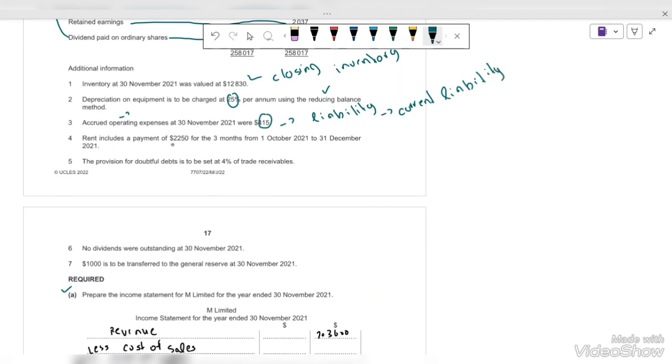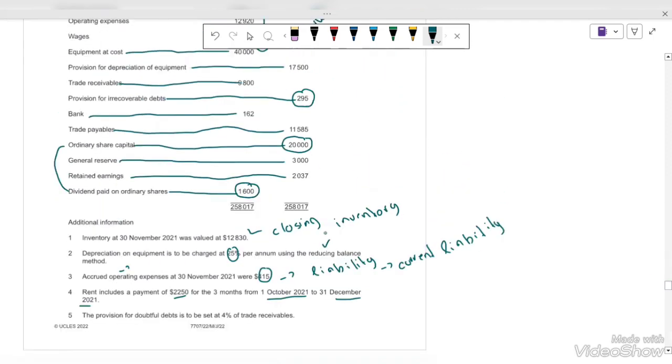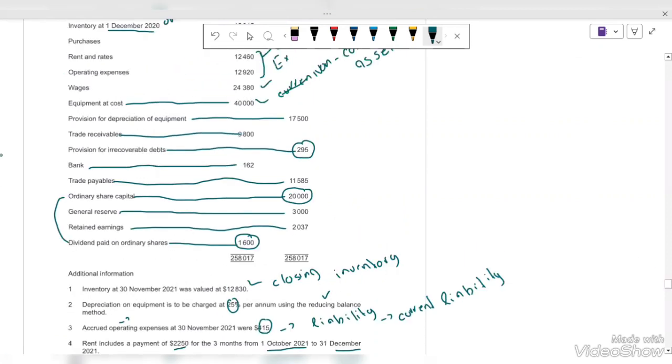Rent includes the payments of 2250 for the 3 months from 1st October 2021 to 31st December 2021. Okay, so we have an amount above, which is the amount of rent and rates, 12,460.